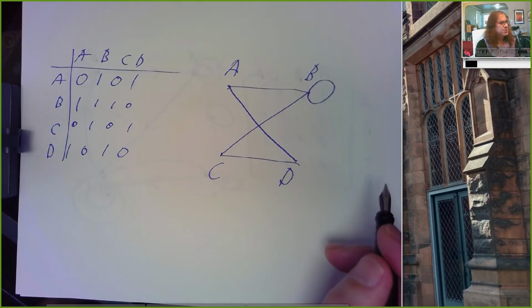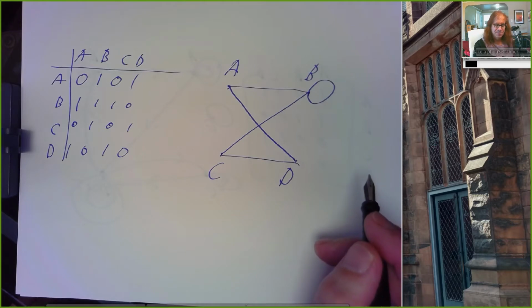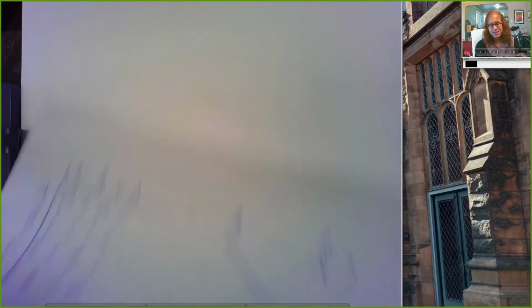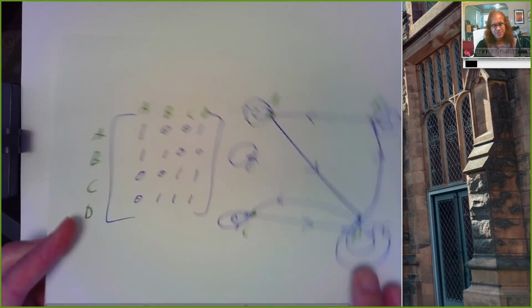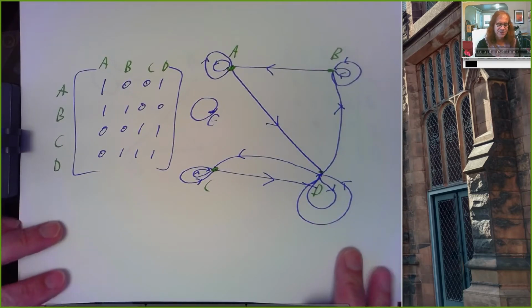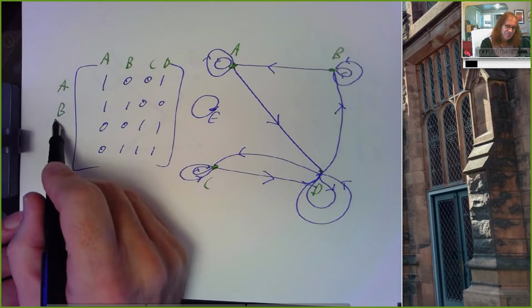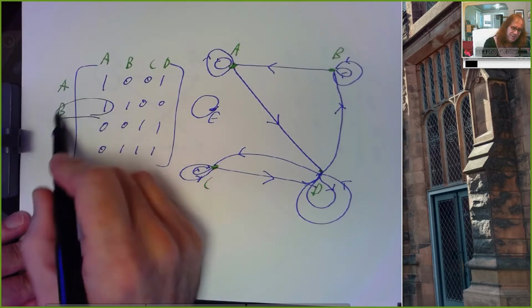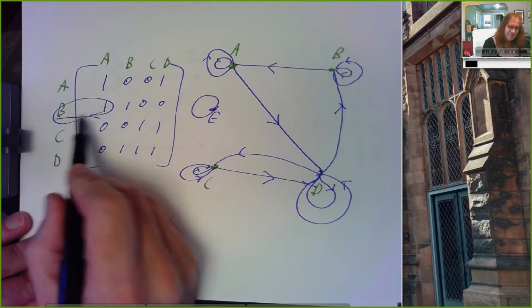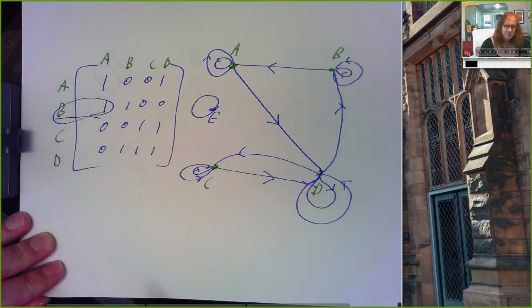Columns, then rows. I don't know if it makes a difference. So with a directed graph, you have to have some sort of notation. For example, if I have something in this row and this column, it's coming from this vertex to that vertex, right?